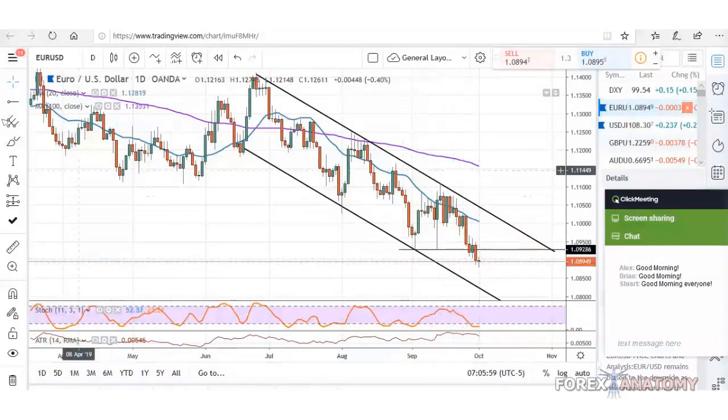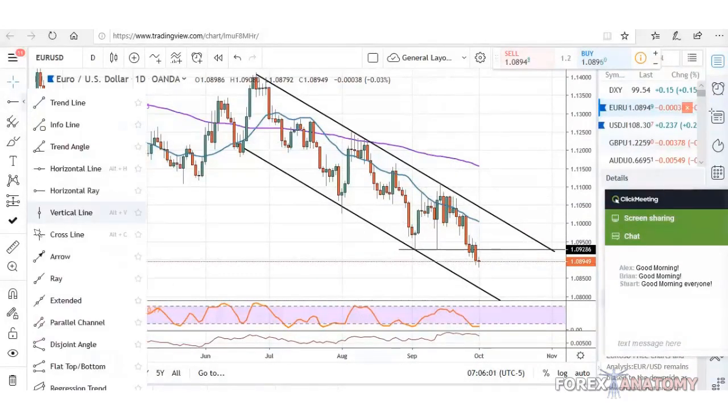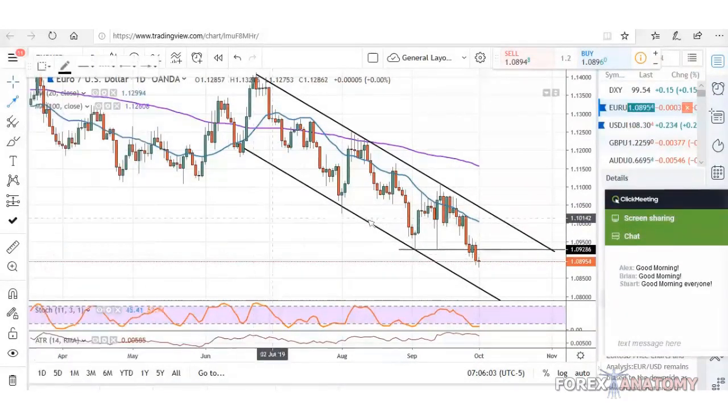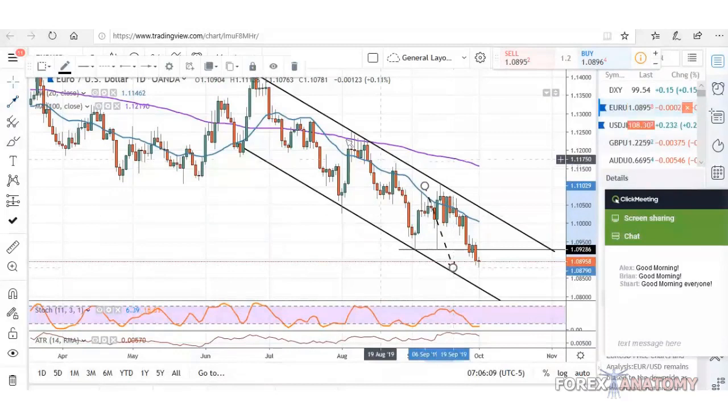What we see here is really what you would call a 2-3-6 measured move of this leg right here. I know we can't go into the details of it, but this leg right here is a full measured move, but this leg right here is what we would call a 2-3-6 measured move of this leg.